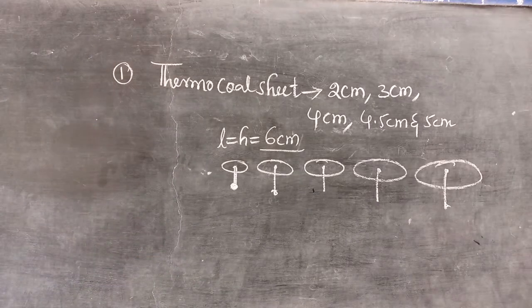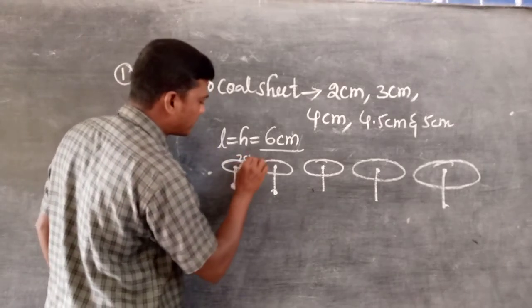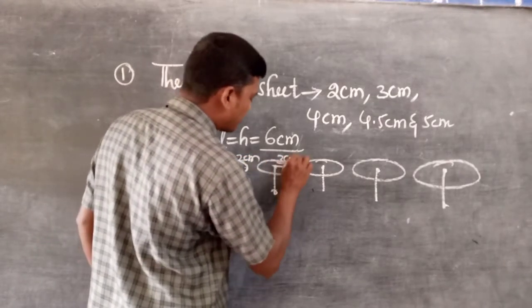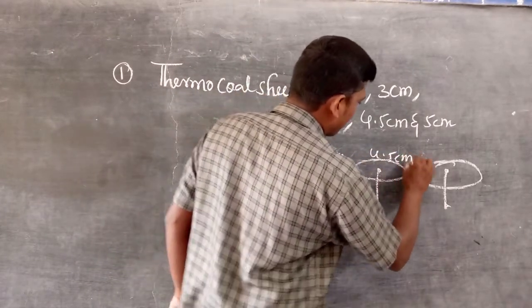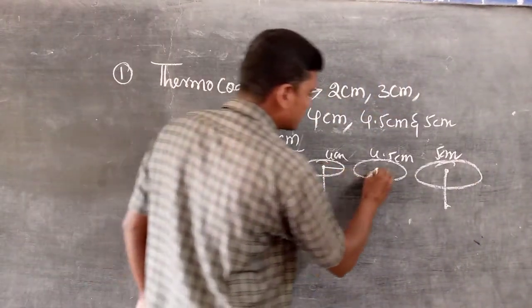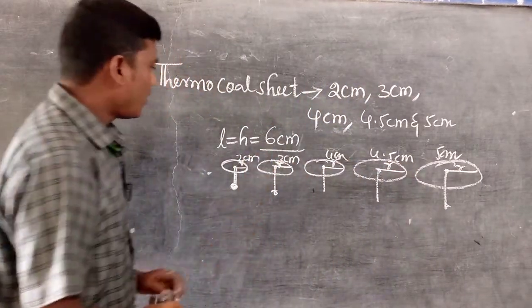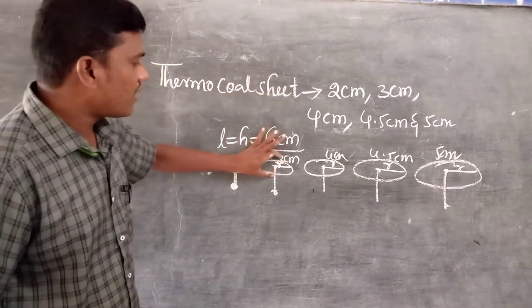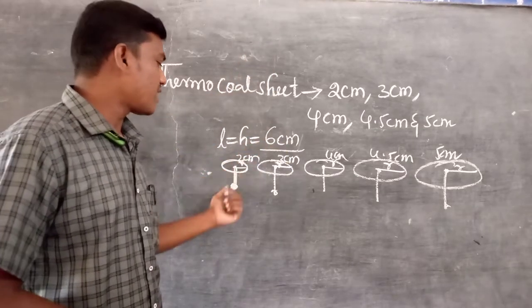So what is the meaning here? This is the thermocol sheet of radius 2 cm, this is the radius of 3 cm, this is 4 cm, 4.5 and 5 cm. Like this we are considering the radii. For each radius of the thermocol sheet, you fix a 6 cm length needle at its center.